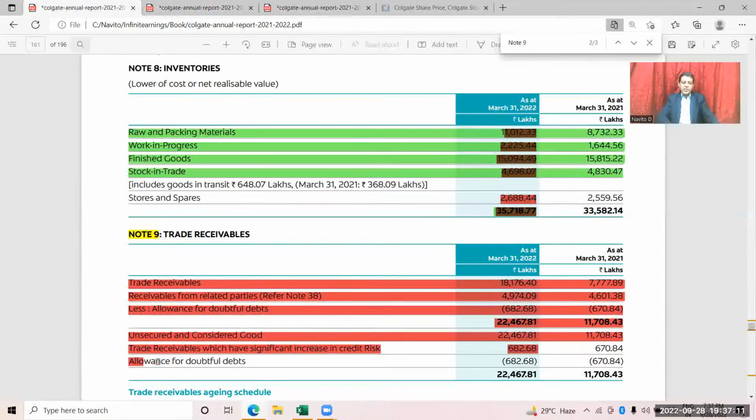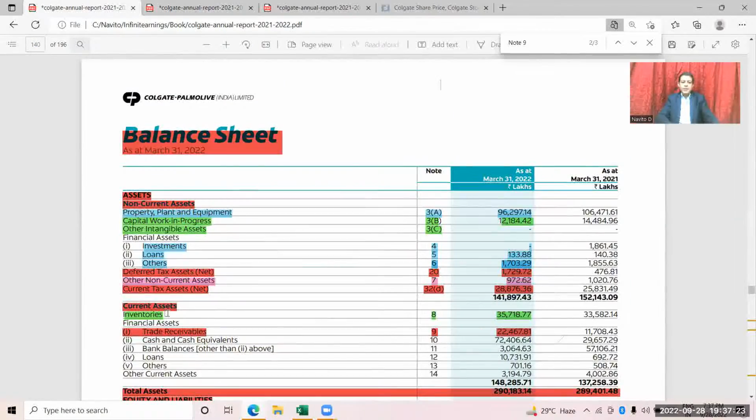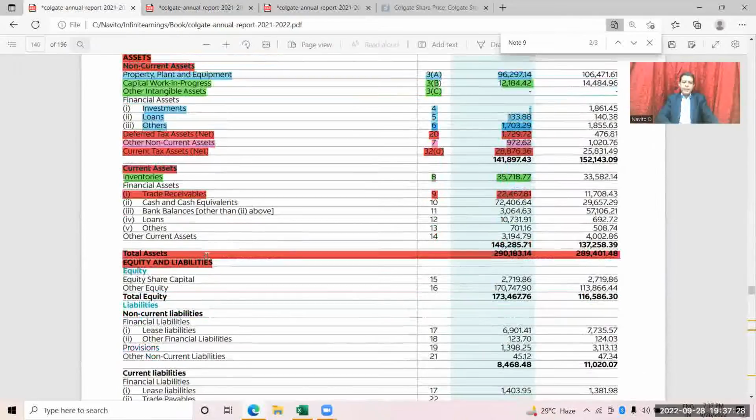Hence, I guess it is adjusted as allowance for doubtful debt, which is 682.68, and this is the value it has arrived to, 468.81. So we go back into 120. This is the value which we have seen. So next we come to our cash and cash equivalents. Let me use a different highlighter.